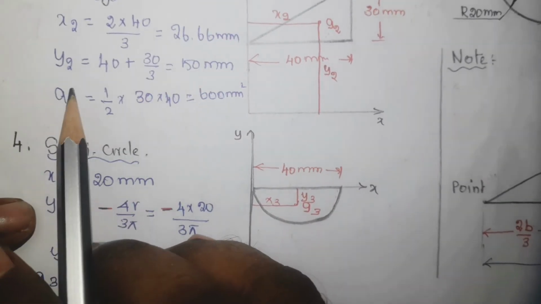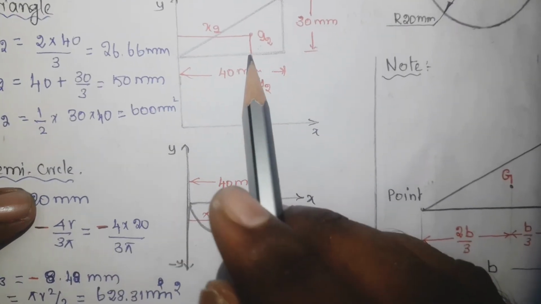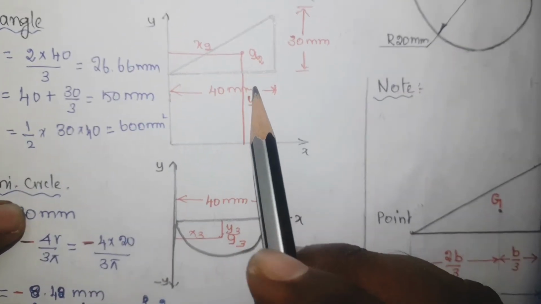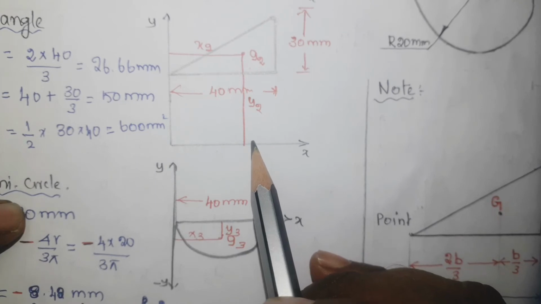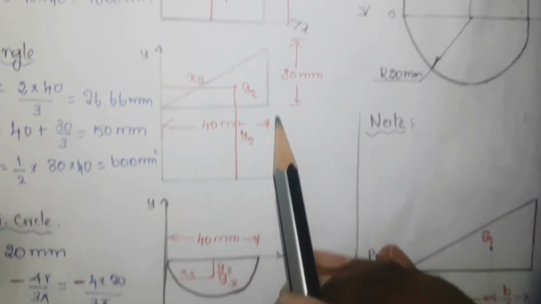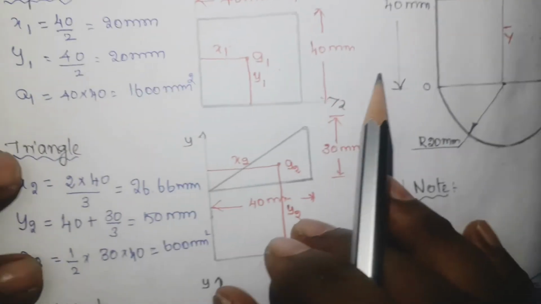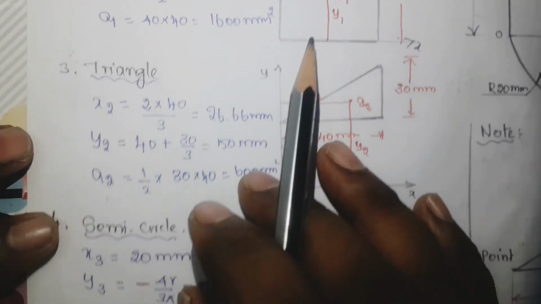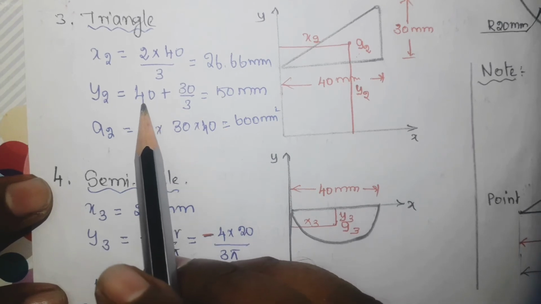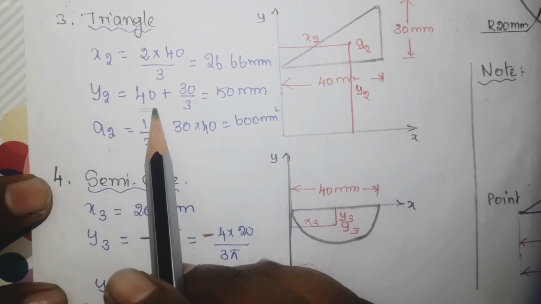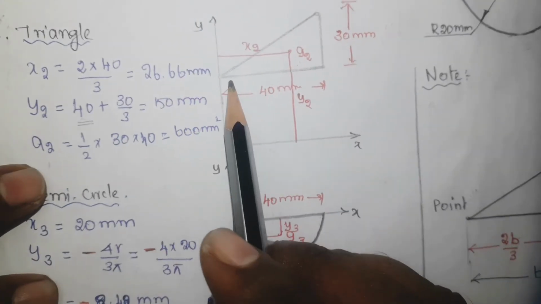Now let us go for y2. It is the distance from this end. You see here, this triangle is not touching the x-axis, it is away from it by a distance of 40. I have shown you here. So this is the 40, so you have to add that 40 first. You have to add 40 plus, now this is the line end.